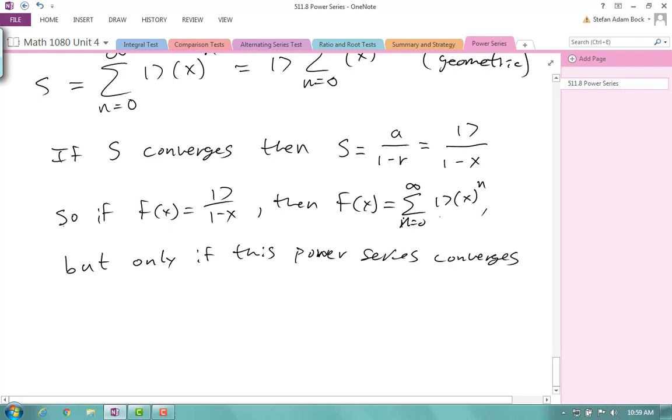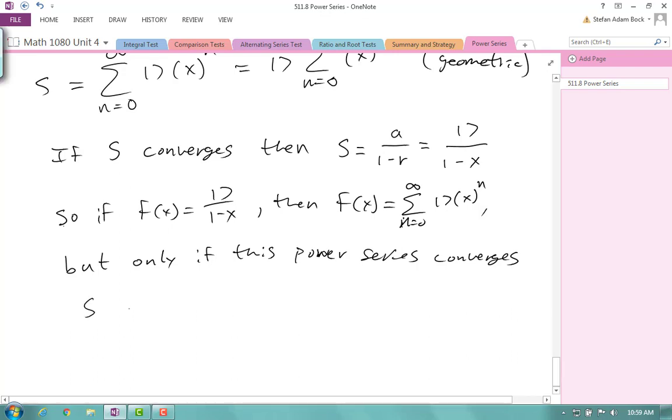Because as a geometric series, I have here S as a geometric series. This will diverge if x is greater than 1, but it will converge if x is less than 1. I guess I should say an absolute value.